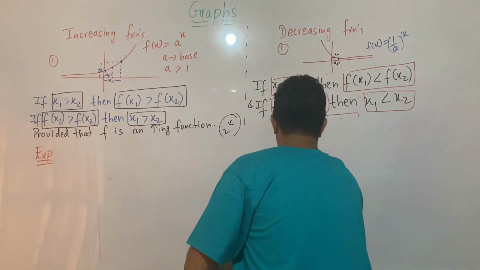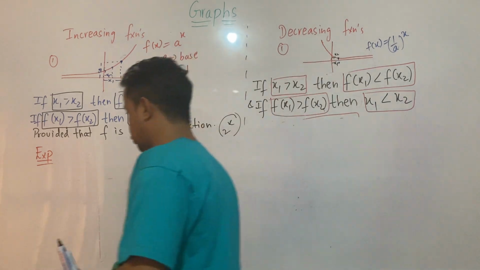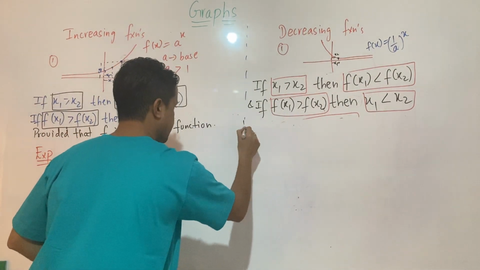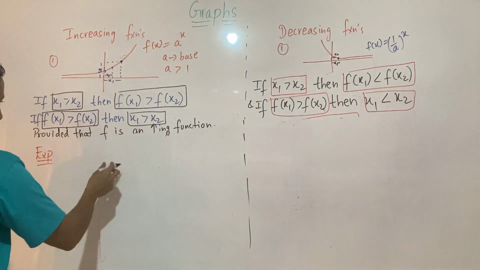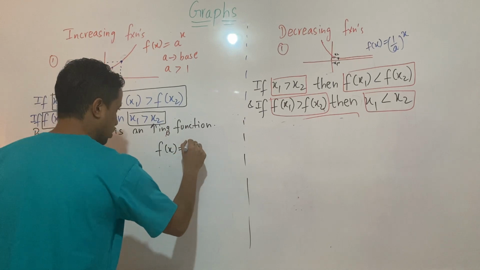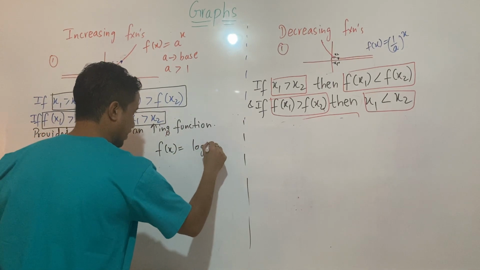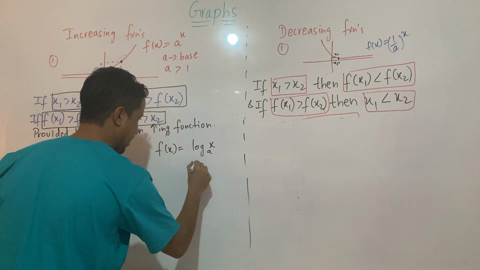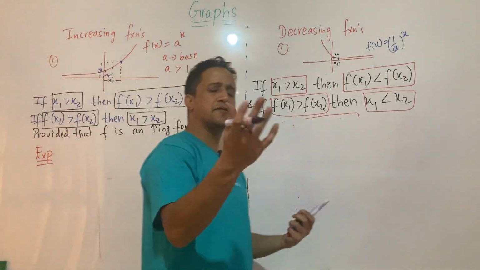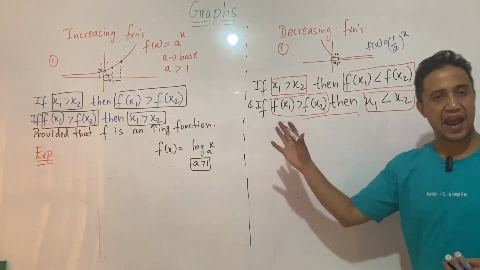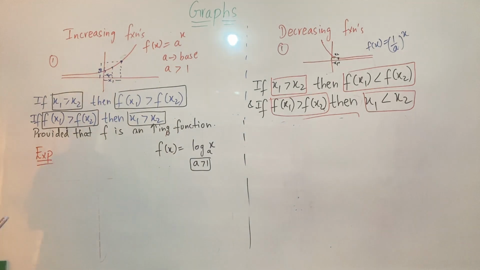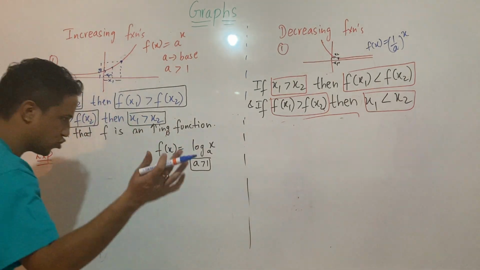Okay, so here I'm going to take two functions. On the left side, I'm going to take f of x equal to log of x to the base a, where a is greater than 1, the base is greater than 1, and x belongs to the positive real numbers. Here we'll take any two values.